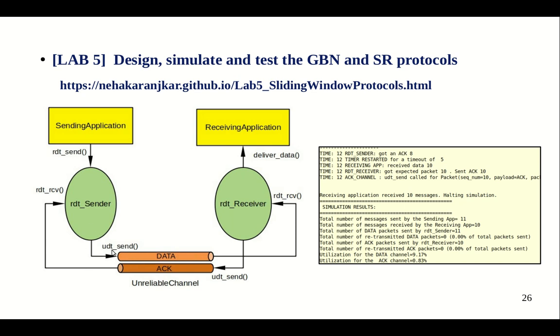When this is called, a packet gets copied on the channel. It could be lost or corrupted with certain probability, and finally it reaches the other end after a propagation delay amount of time. In addition, the channel remains utilized for transmission delay amount of time. So that's the behavior of the channel.